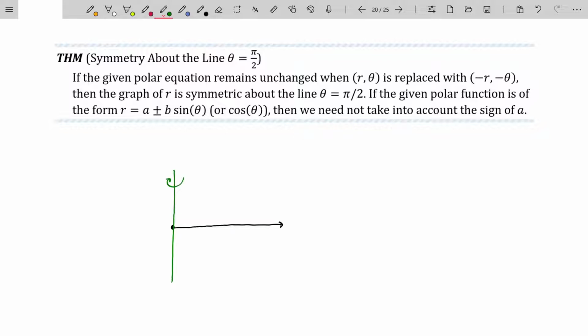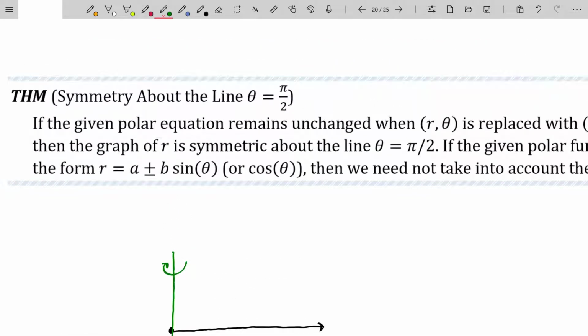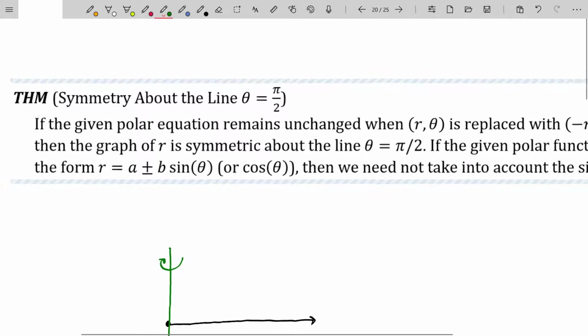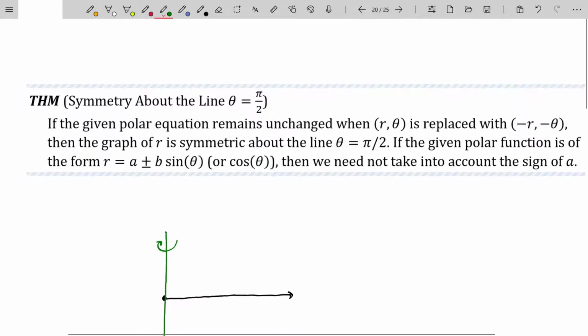In this case, it's not the y-axis, so we just call it the line theta equals pi over 2. The same result, basically. So here's the theorem. If, that's the antecedent part, if the given polar equation remains unchanged when r and theta are replaced with negative r and negative theta, that's the entire antecedent, then the graph of r is symmetric about that line.